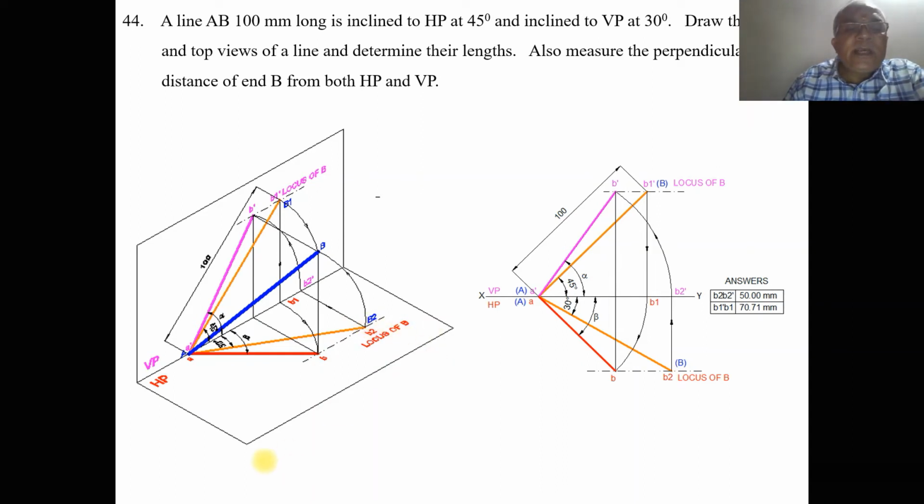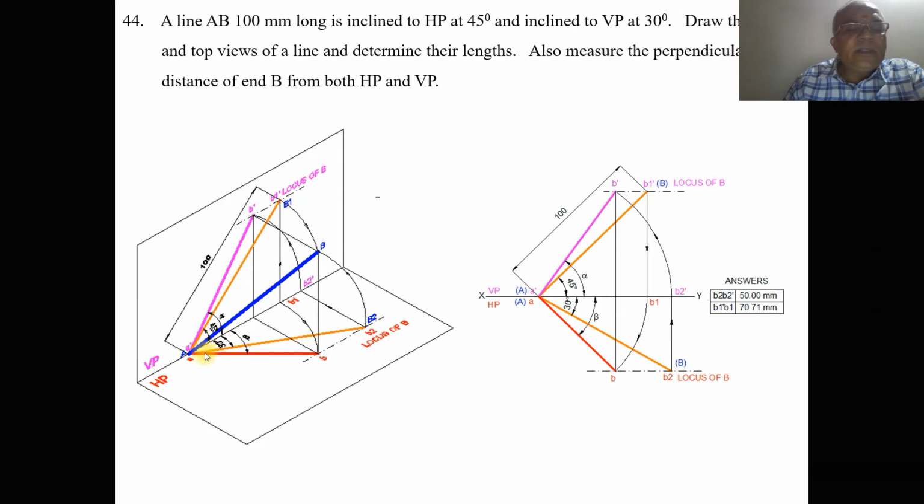So where you will get the line parallel to HP, we can see it in front view, that is in VP. So A dash is in VP, so B2 dash will also be on VP. So when you look from the front view, A dash is on VP, so obviously B2 should also be on VP only. Then only this line AB2 is parallel to HP or the true length in HP.